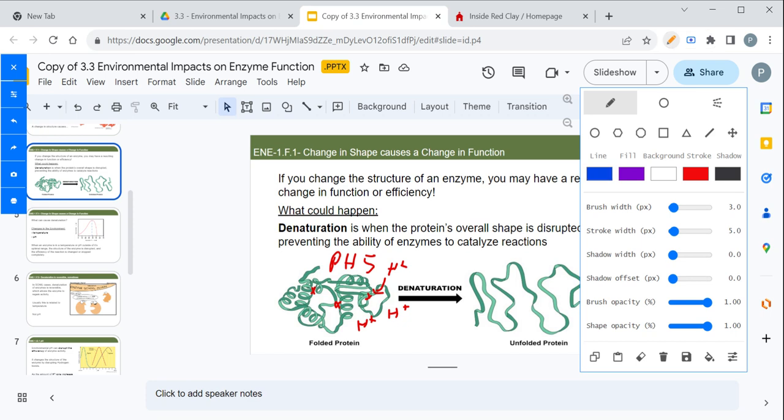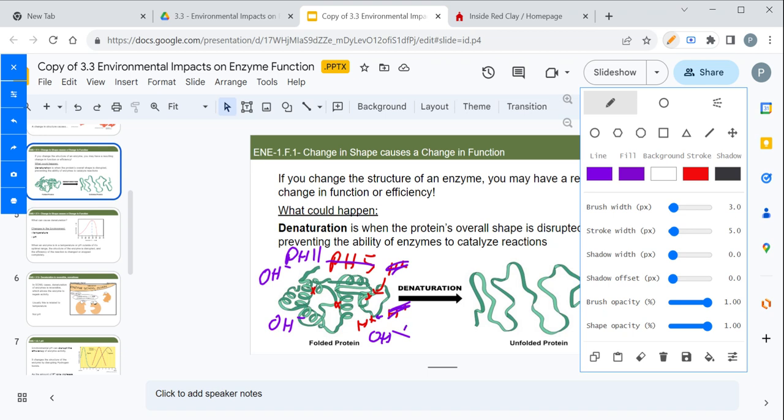The exact same thing ends up happening if we have a base, right? If it's a pH of like 11 and we're basic, well, instead of hydrogen ions, it's hydroxide ions. And basically those are now the things that are interacting with the protein, right?